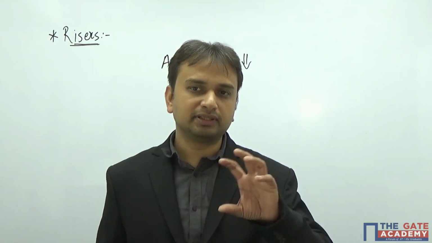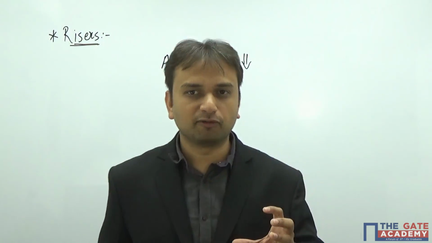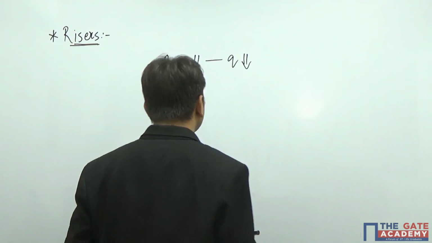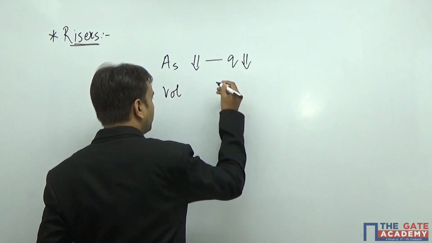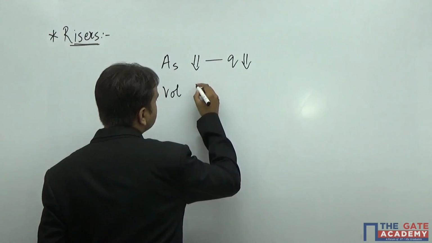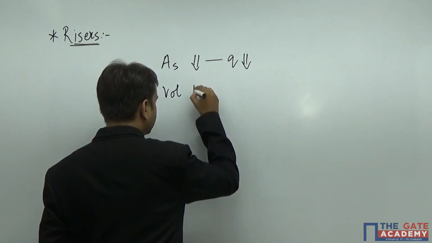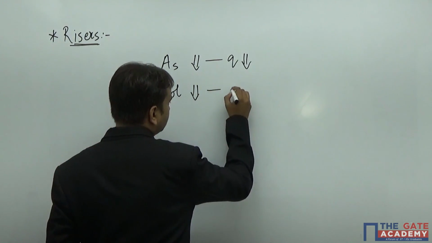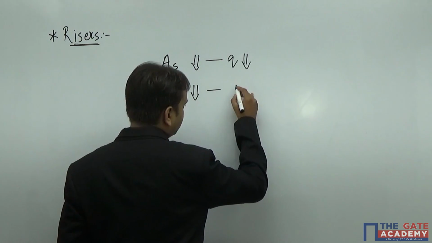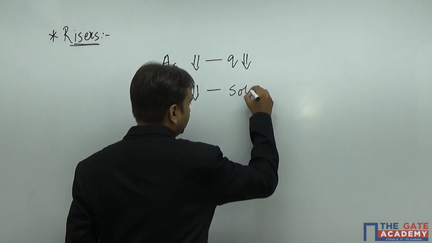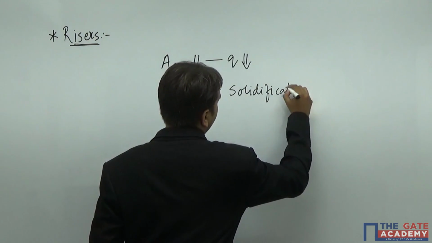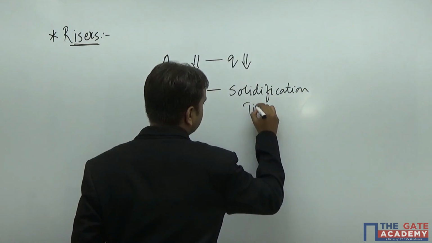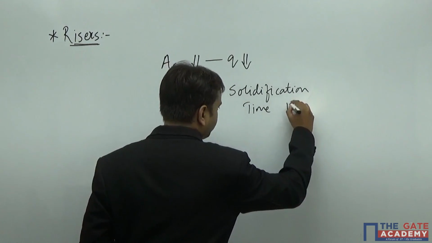Obviously the tumbler, because it has a smaller volume. So if the volume is smaller, the solidification time, I will tell you what that is, is going to be smaller.